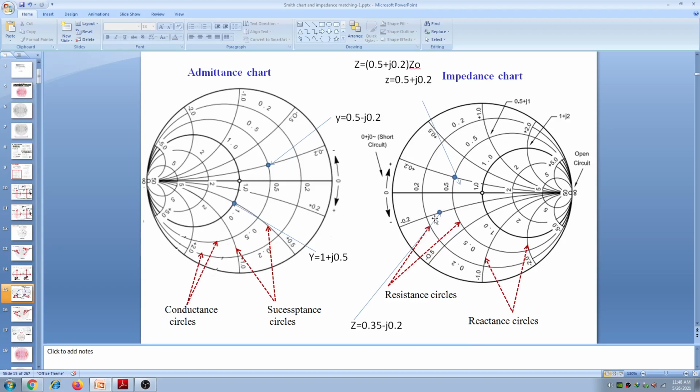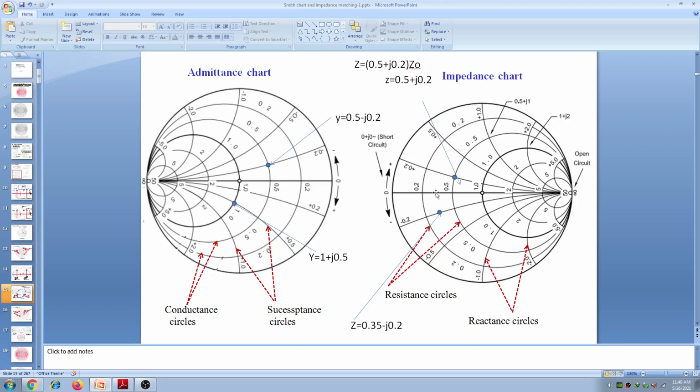Similarly, if a circle is not shown in the Smith chart, do not think a circle is not passing through. One of the circles may pass, it may be some circle. Okay, if the circles are not given, you should imagine a circle is passing and get its value by reading the intermediate value between the previous and the next value.